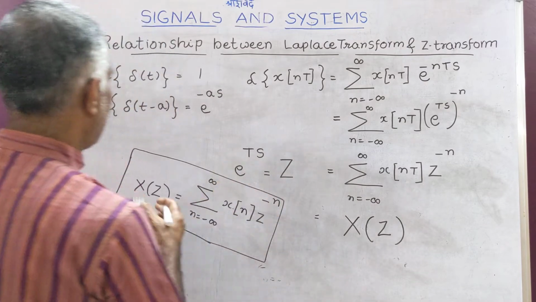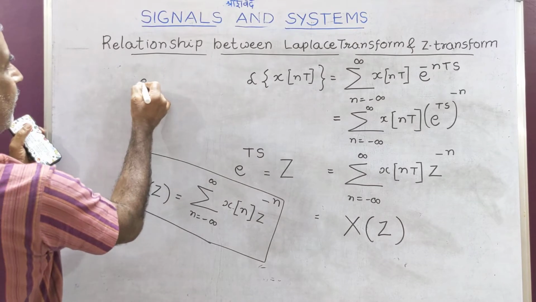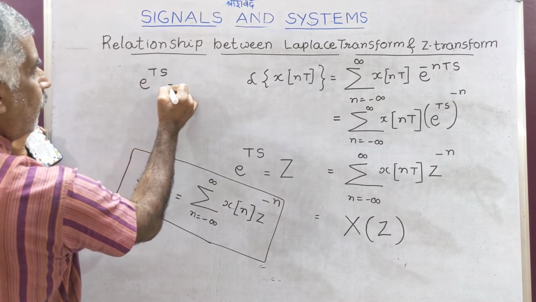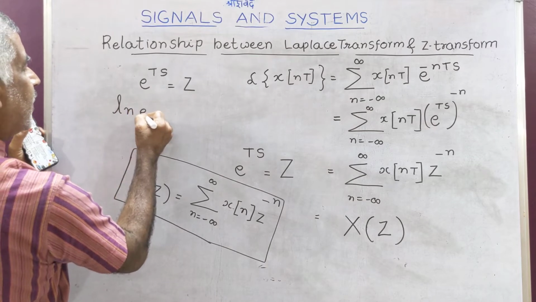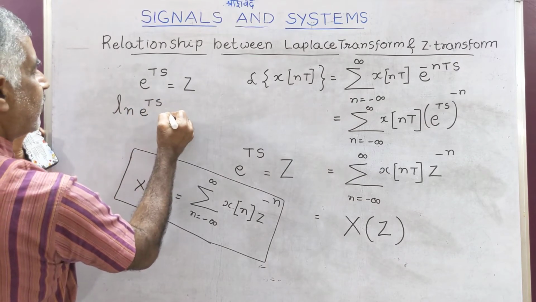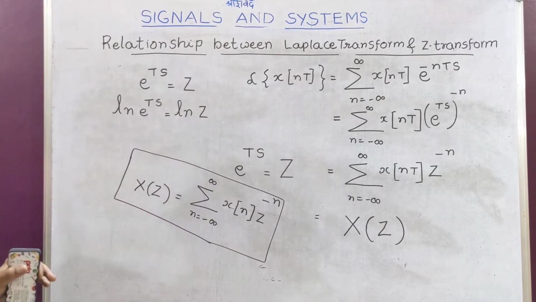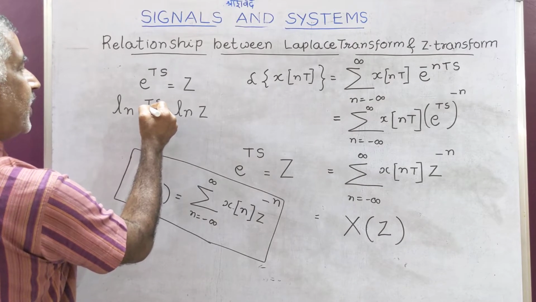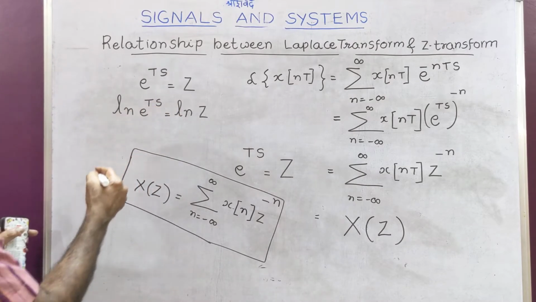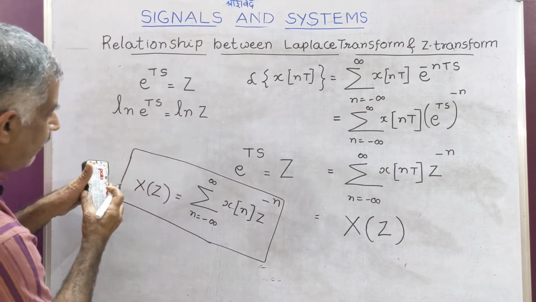Here we have e power sT equal to z. Taking ln on both sides, ln of e power sT equal to ln z.